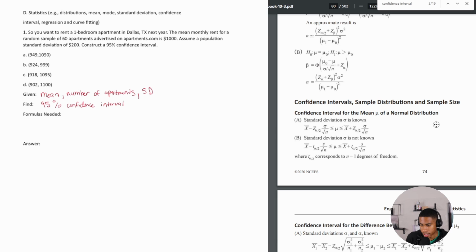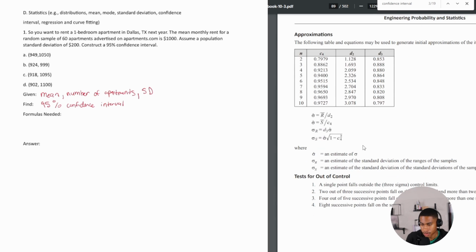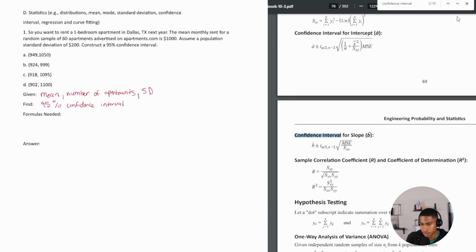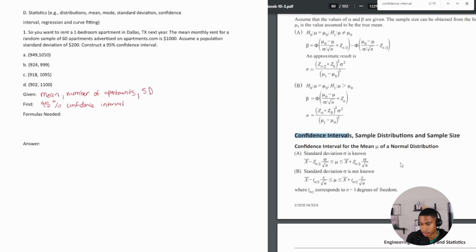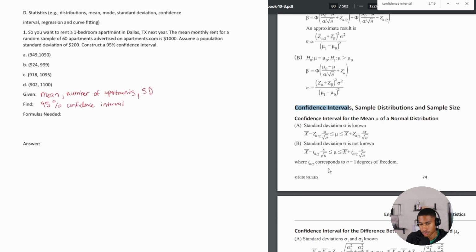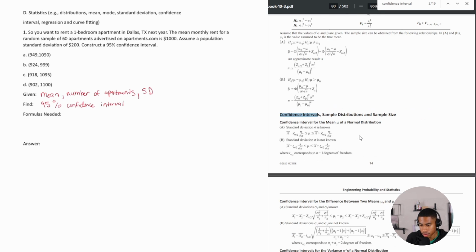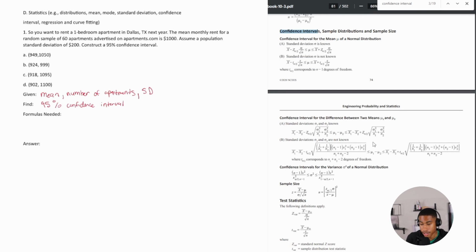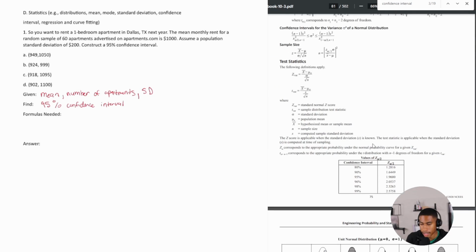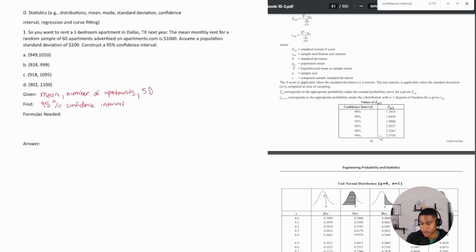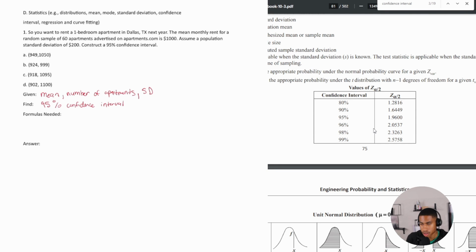And so this is why being able to navigate through this is going to be super important, and understanding what is what. Okay. So I don't know what Z alpha divided by 2 is here. So can I determine that? Well, I'm very familiar with this chart and this manual.